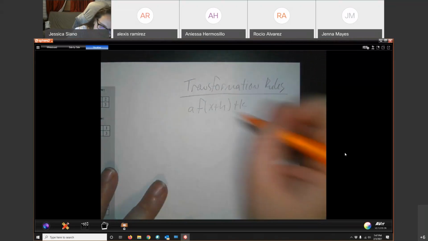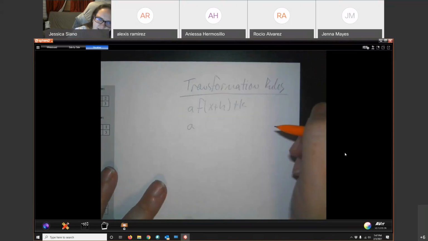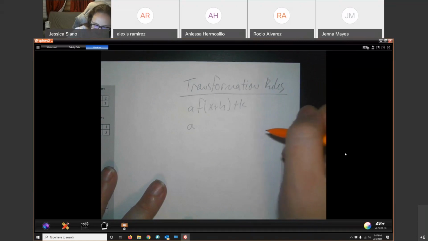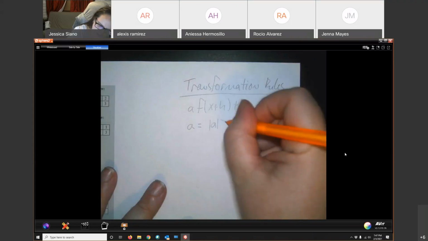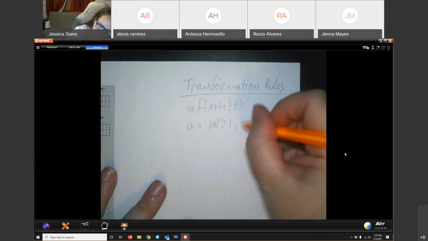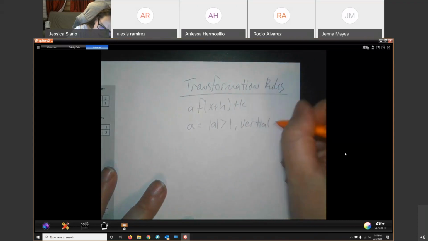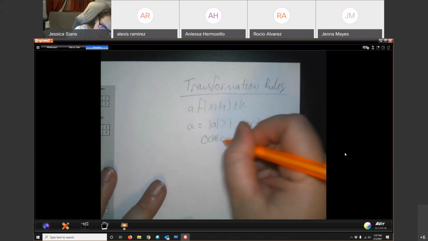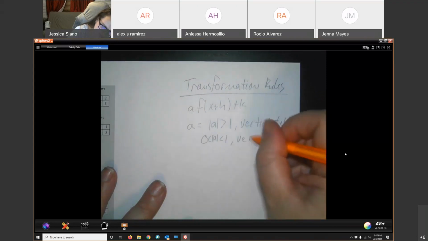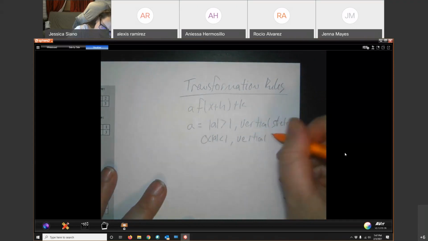Okay, see this A? A tells us vertical stretches and shrinks or reflections. So if the absolute value of A is greater than 1, we have a vertical stretch. If the absolute value of A is in between 0 and 1, we have a vertical shrink.